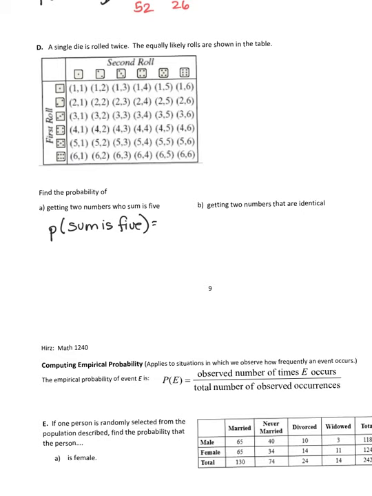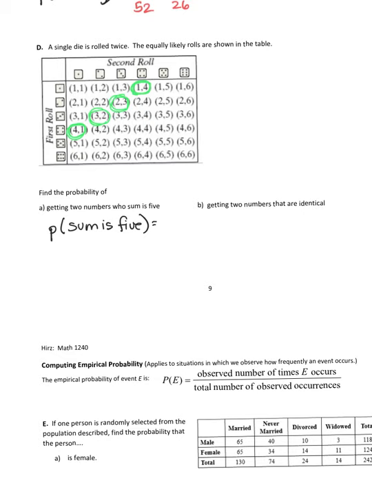I'm looking for 5. So we know 5 would be 1 with a 4. And don't forget, it could also be 4 and then a 1. So that's 2 already. And what else? It could be a 2 and a 3. There it is. If I did it the other way, it could be a 3 and a 2. And that would be it for the sum is 5.